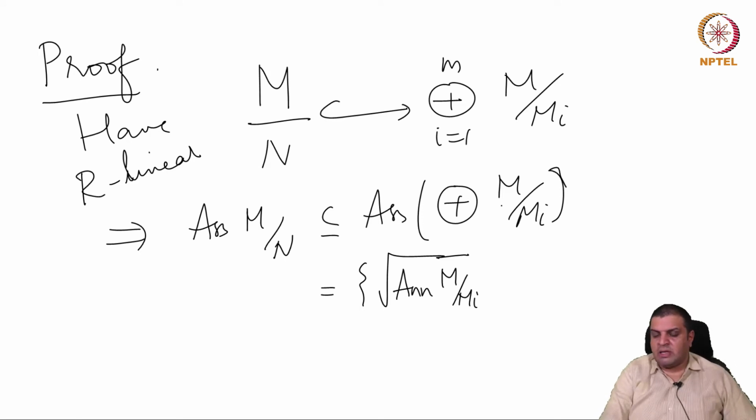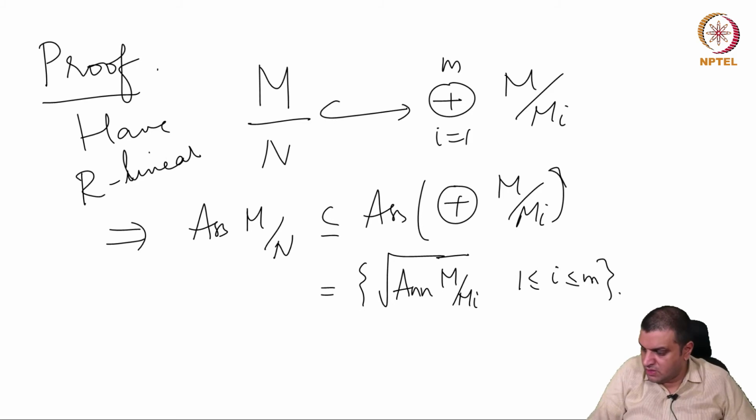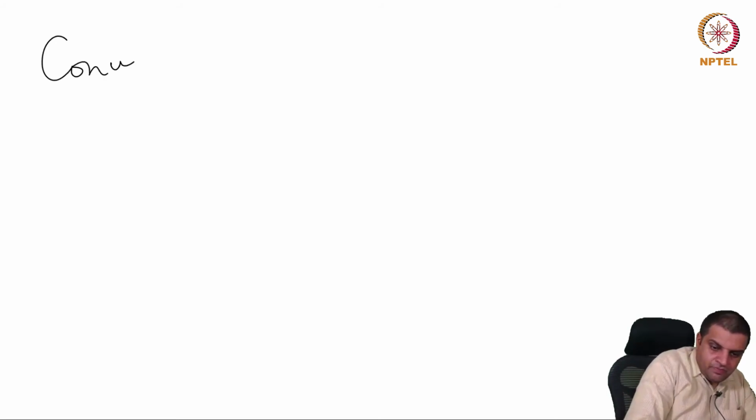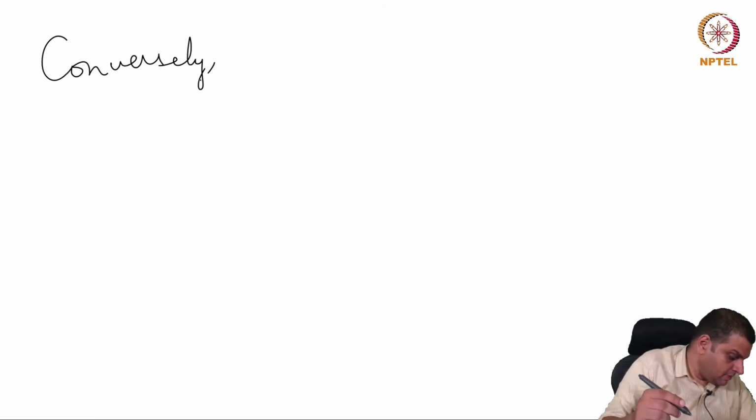And this is a direct sum of modules, therefore for the associated primes one can just take the union, and from each factor in the union one gets exactly one prime. So the associated primes of M mod N are a subset of the associated primes on this side. This is just the easier direction, a slightly easier direction. Now conversely, so let's write.